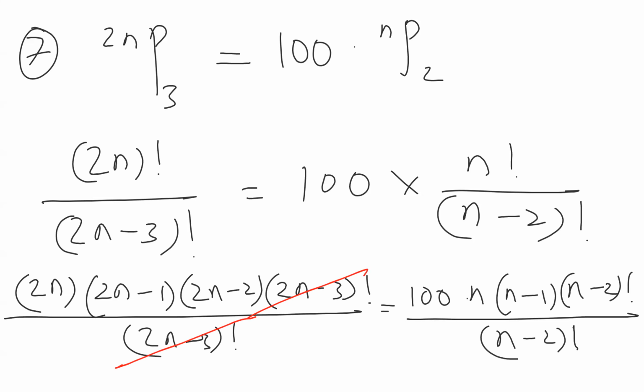Some terms will get cancelled. Now I'll take these two terms and cross multiply on the left hand side. I'll just keep this slide as it is. If you're not able to understand, just put a message. I will resolve it for you.